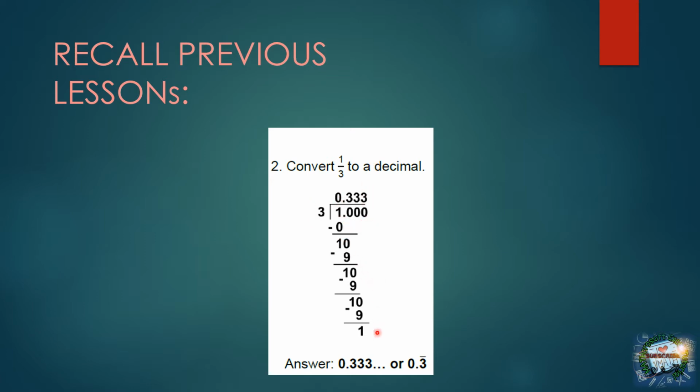Lumalabas dito na we still have a remainder. Kasi itong 1/3 pag kinonvert natin to a decimal ay siya ay non-terminating repeating decimal. Kaya 0.33 with the 3 dots, meaning that's ellipsis, or you can represent it with 0.3 with a vinculum, that bar over the repeated digit.